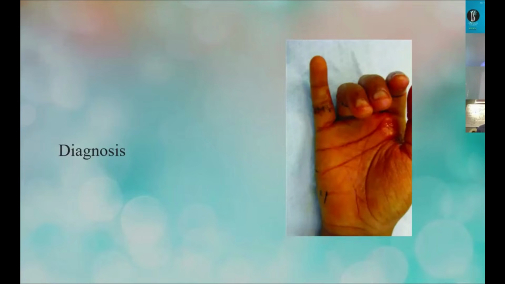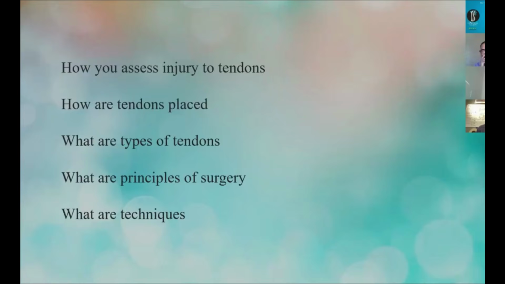This is a zone 2 injury of the flexor tendons, between the attachment of the FDS tendon on the middle phalanx. You can see an extended little finger when other fingers are flexed, and I suspect a flexor tendon injury. All right. So how would you assess injury to tendons?